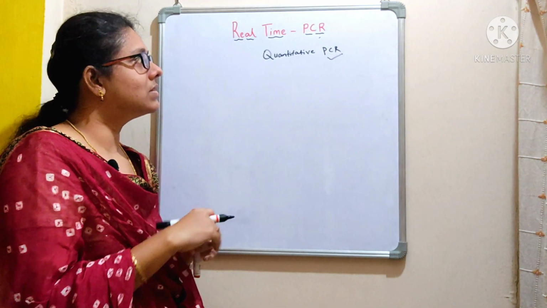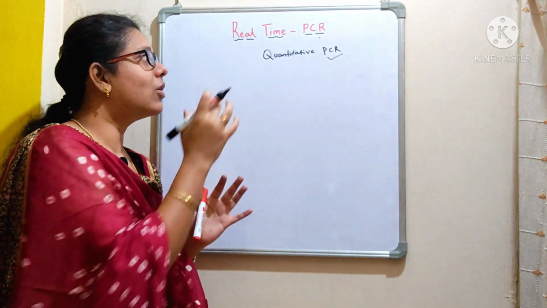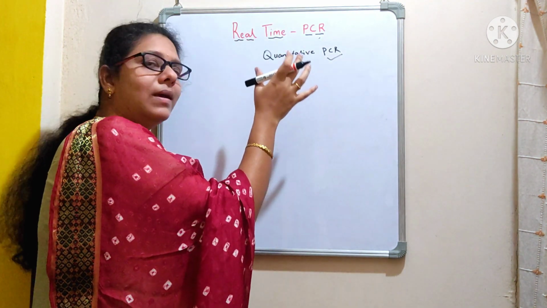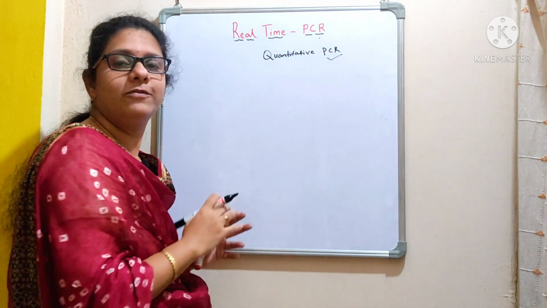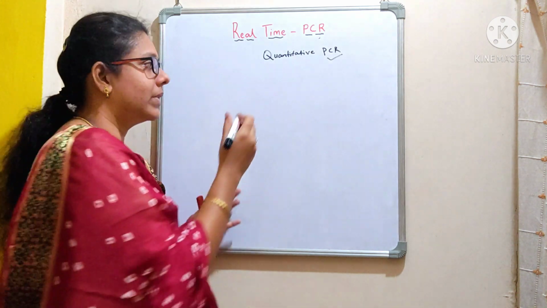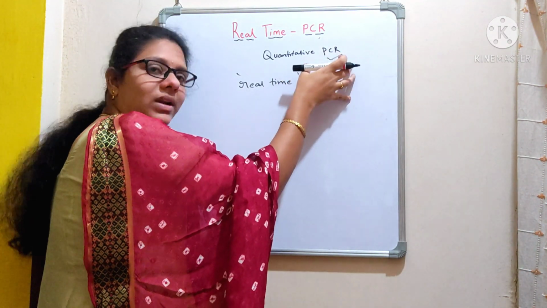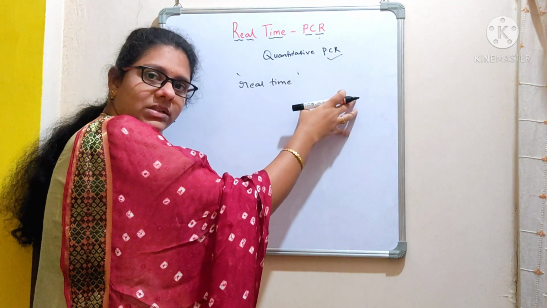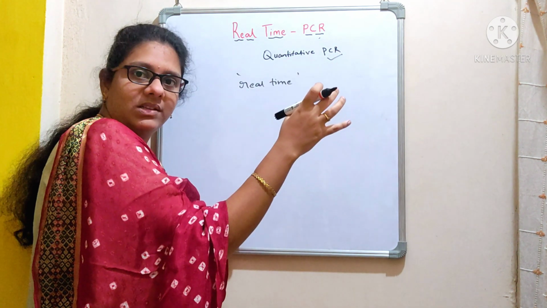Let us discuss what this real-time PCR is. Why do we call it real-time PCR? This method is used to monitor the progress of the reaction in real time. And as I said, it can be called a quantitative PCR. Once we carry out the PCR reaction, what happens? We are going to amplify the gene, right?